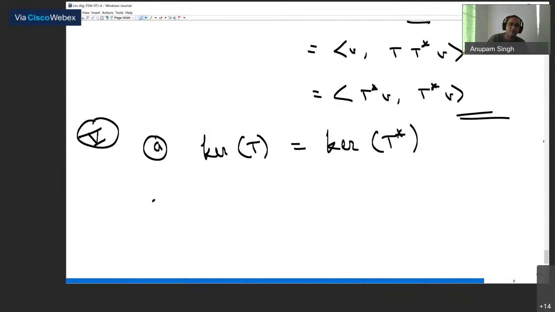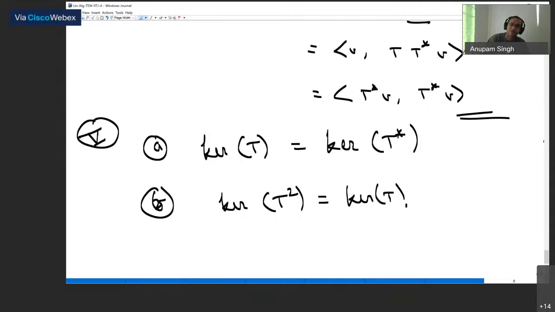Not just that, part B is that the kernel of T squared is going to be the same as the kernel of T. In fact, it is the same as the kernel of T to the power K for any K greater than or equal to 2. In fact, all kernels match.